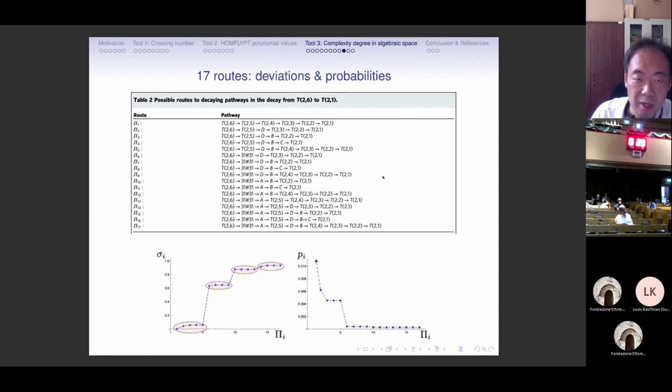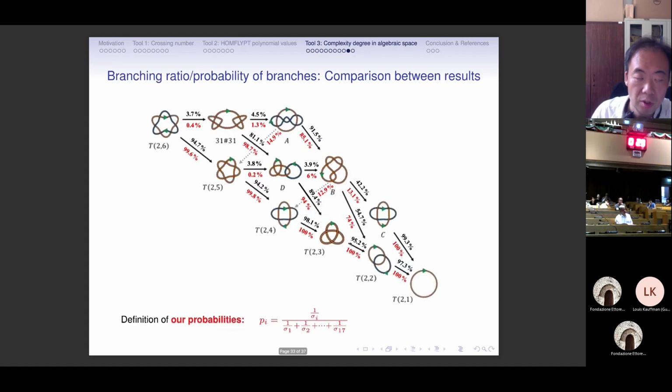And we can also compute the probability of occurrence for those routes. There are 17 routes here. We can compute the probability of occurrence. We can also compute the branching ratio for every site.